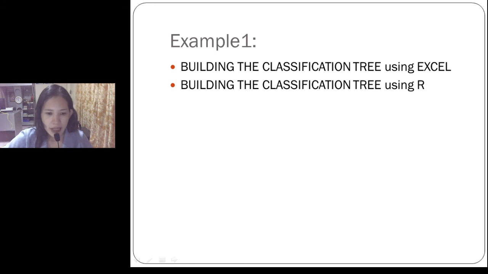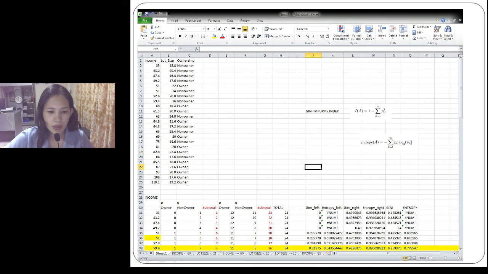And first, let's create the classification tree manually using Excel. So this is now our data set for the riding mowers.